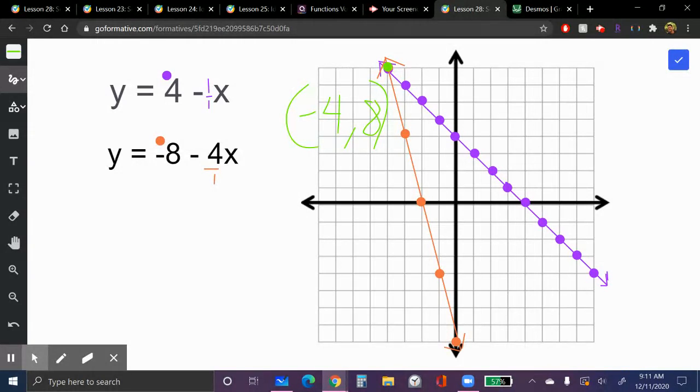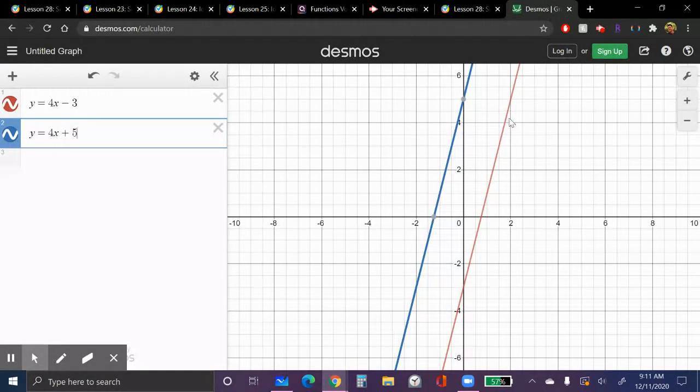You might see a scenario where you have two lines, 4x minus 3 and 4x plus 5, that never intersect. So in this case, there is no solution. Now, you also might have a case where you have two lines that lie on top of one another.